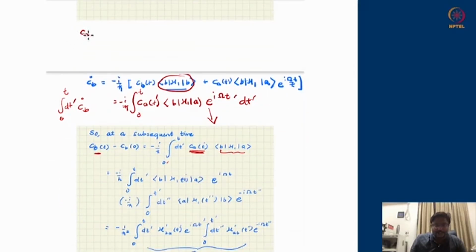Ca dot was supposed to be minus i upon h bar times Ca of t, then this H1 A A, plus Cb of t, H1 A B, and then e to the power minus i omega t.